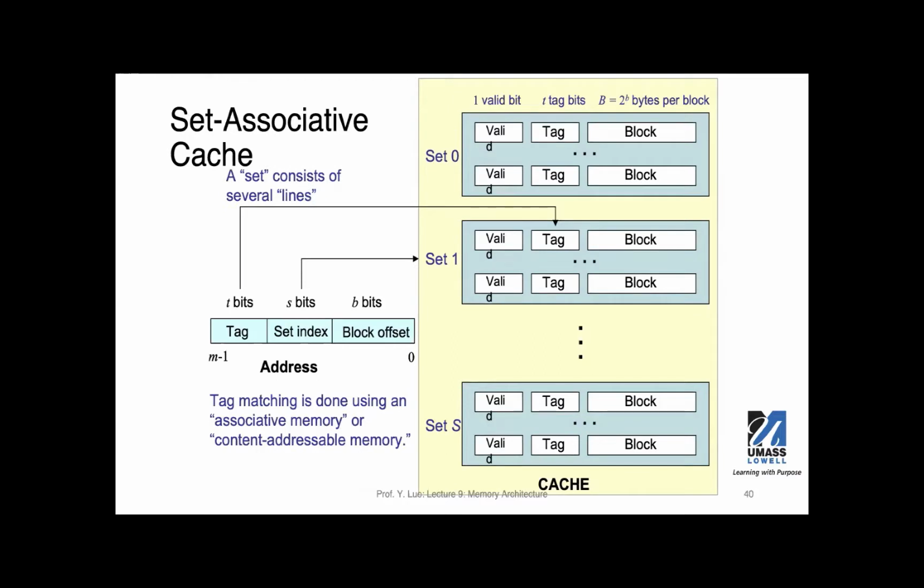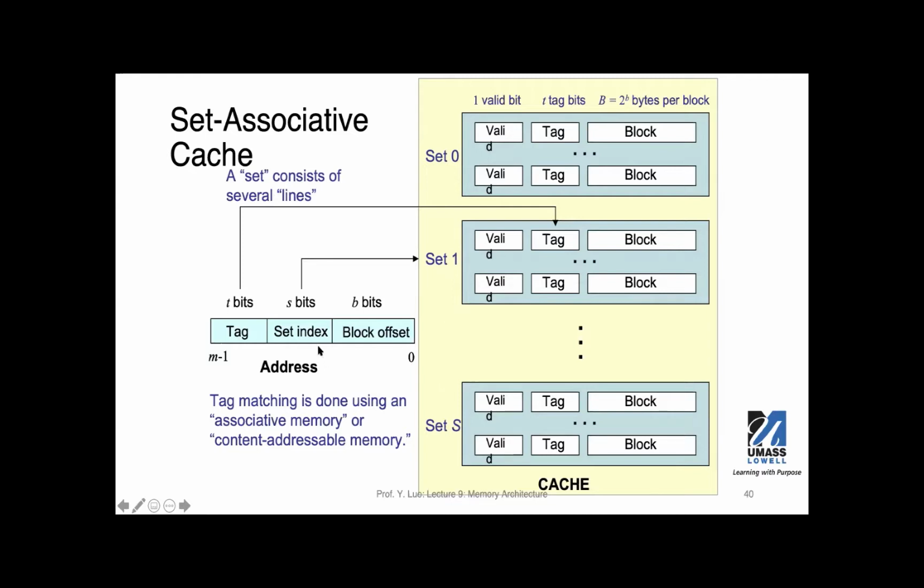All right, so in the first case, we were talking about a direct mapped cache. Here it's a little bit different in the sense that in each set, we may have more than one block. So in this case, we have 1, 2, or maybe more in set 0. And then we have another set of blocks in a different set 1, and so on.